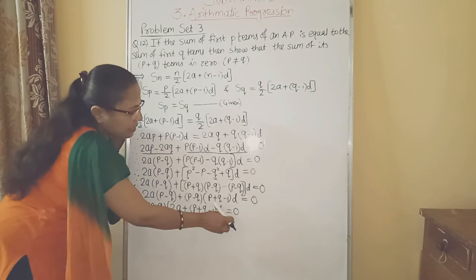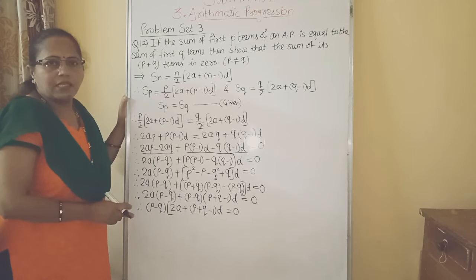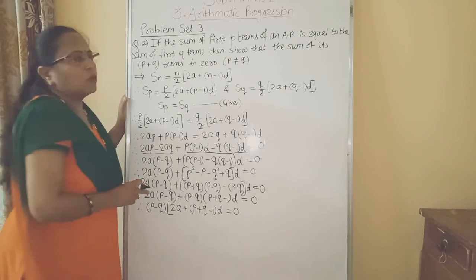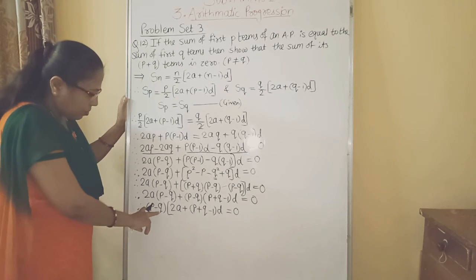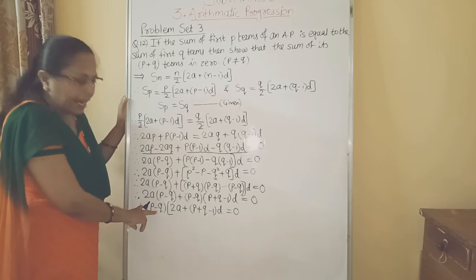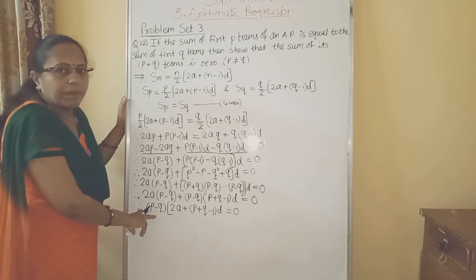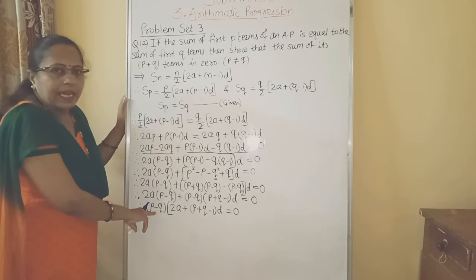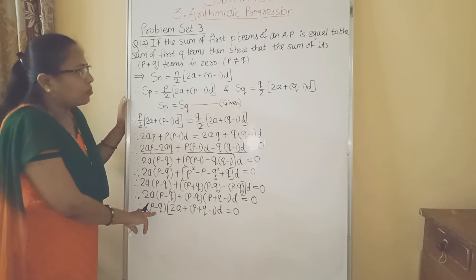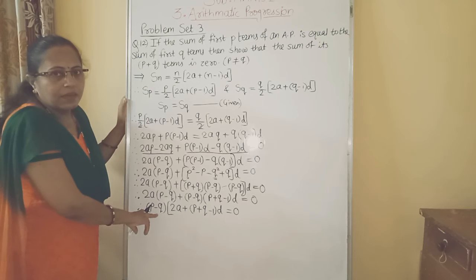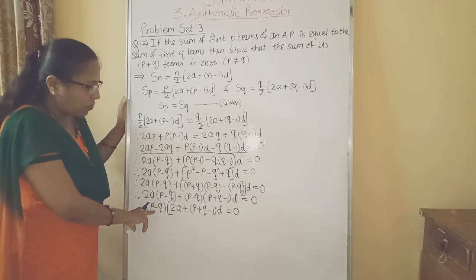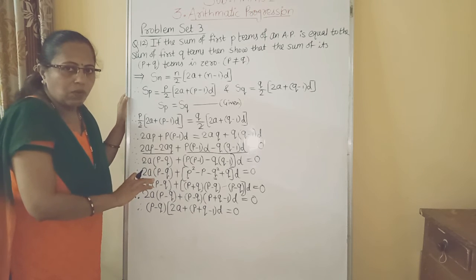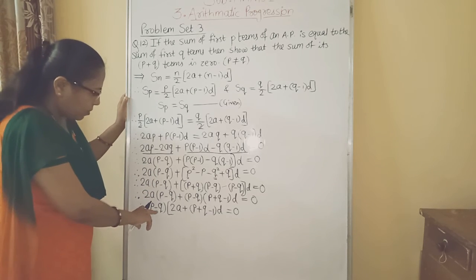If you take it on this side, 0 divided by p minus q, and here as they told, p is not equal to q. That means the value of this bracket is not 0. Okay. If p is equal to q, then what you will get here? 0. So if it is 0, then the whole term directly we will get 0, but it is not 0. Okay. p is not equal to q.